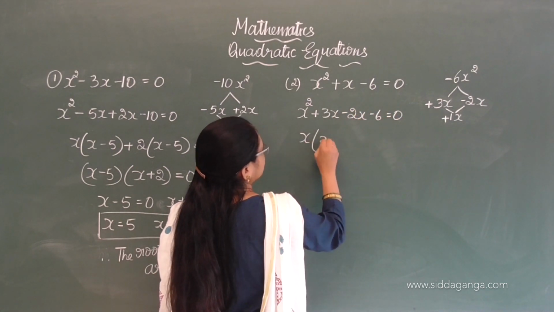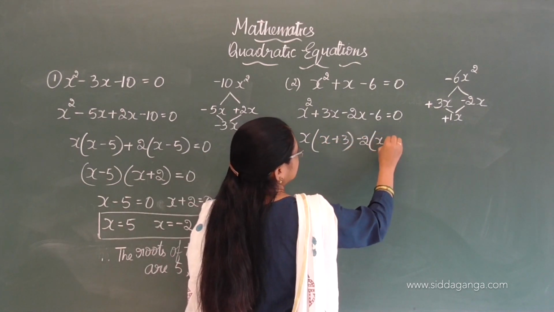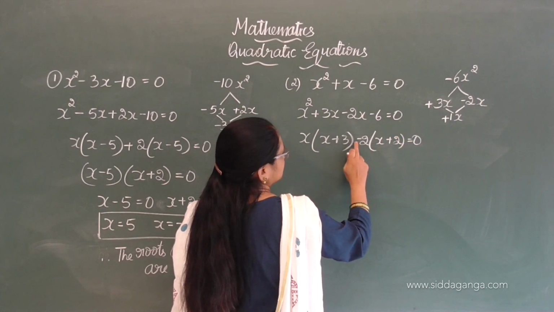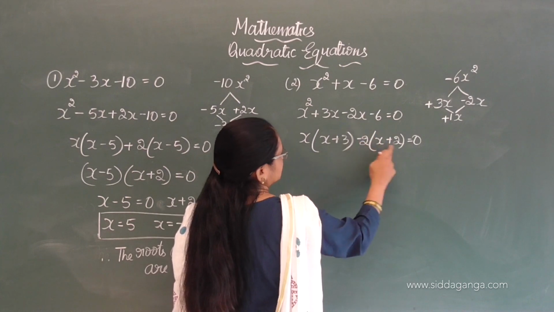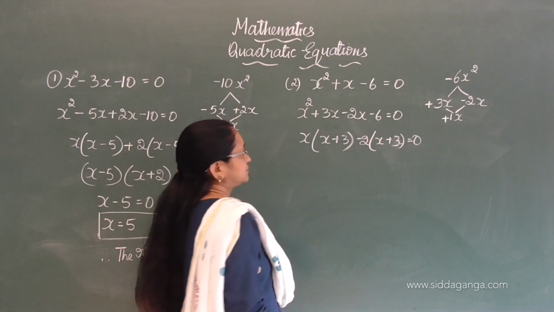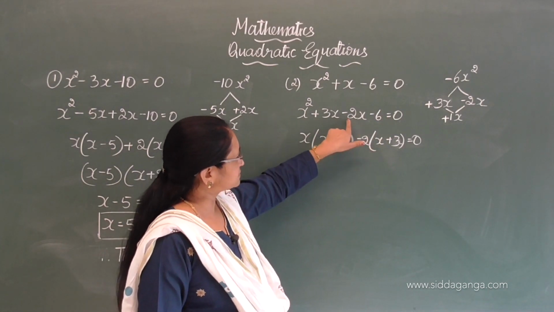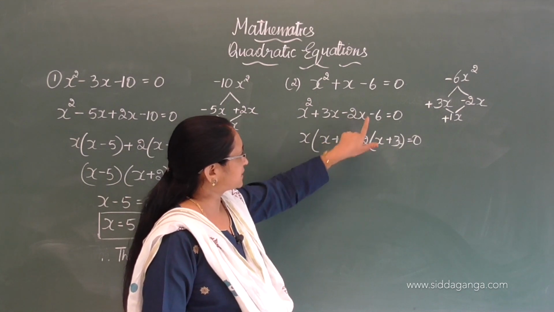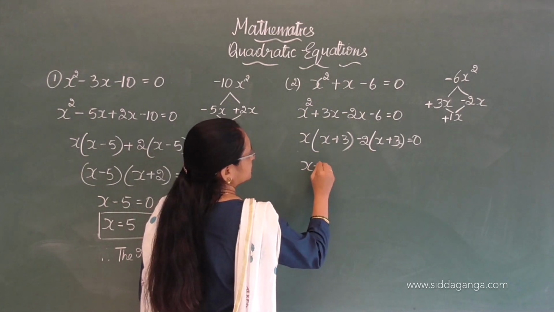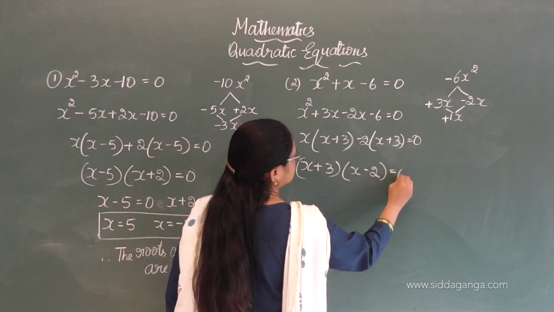Now x is common, x plus 3 and minus 2, x plus 3 is common. See once again you check, 3 2s are 6. Now what is common? x plus 3 is common, x minus 2 is equal to 0.